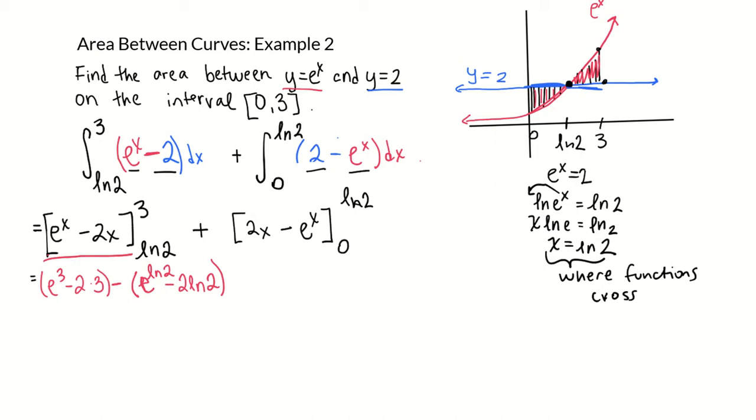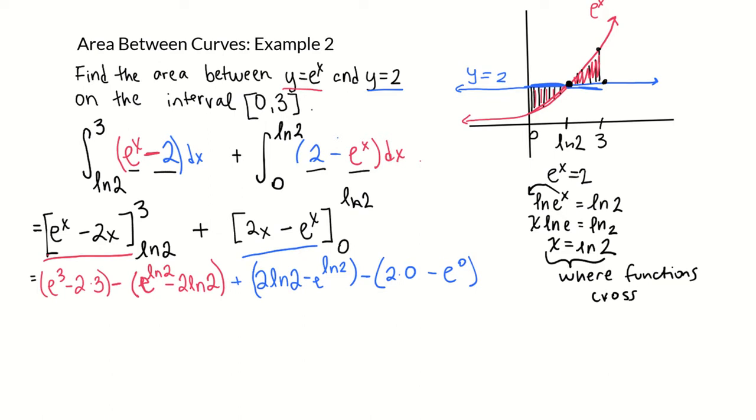And then the second piece, we will have 2 ln of 2 minus e to the ln of 2, minus, plugging in 0, 2 times 0 minus e to the 0.